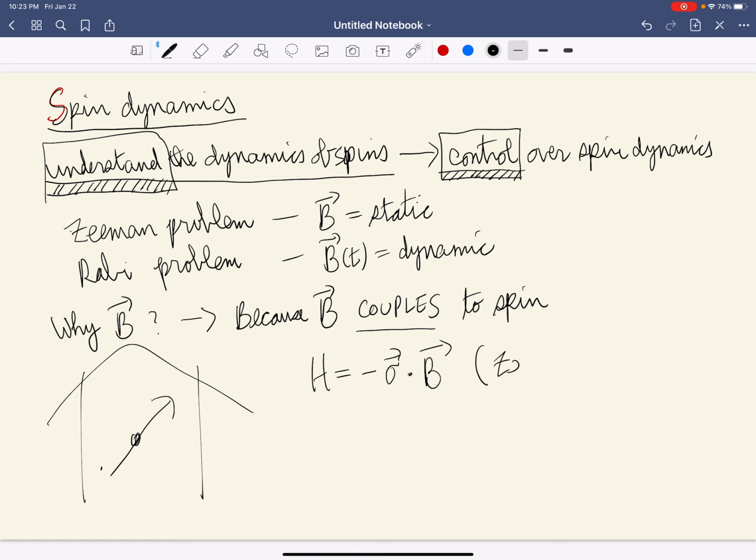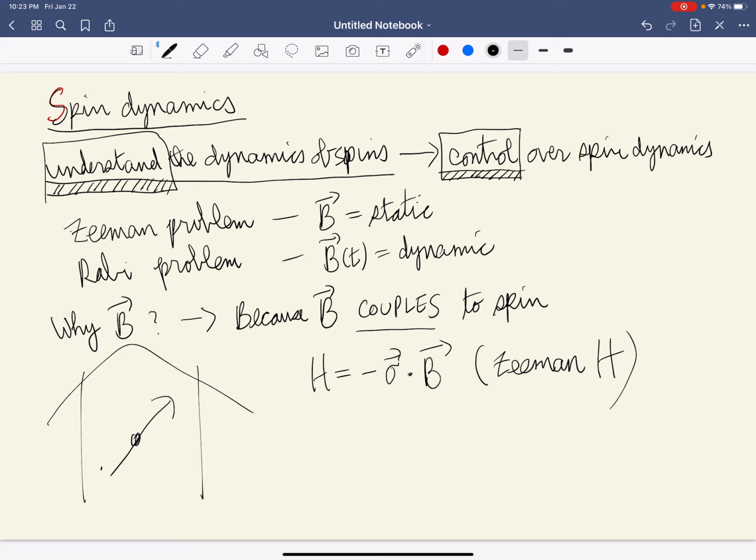This sort of Hamiltonian is known as the Zeeman Hamiltonian, or the Zeeman term. It's named after a Dutch physicist who did important experiments probing the properties of matter under a strong magnetic field.